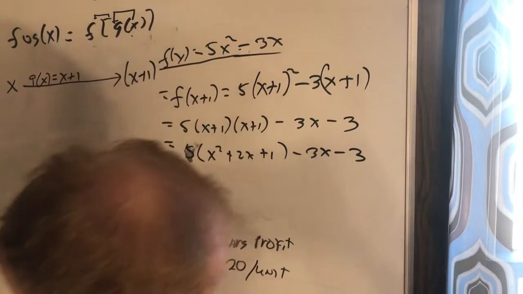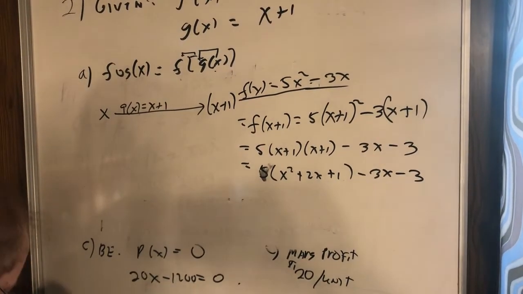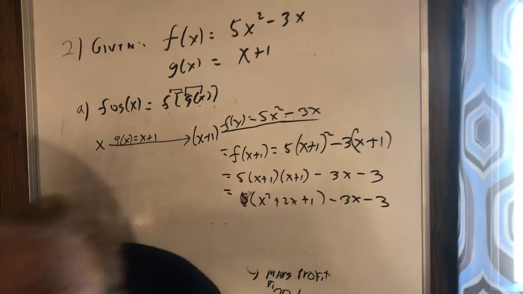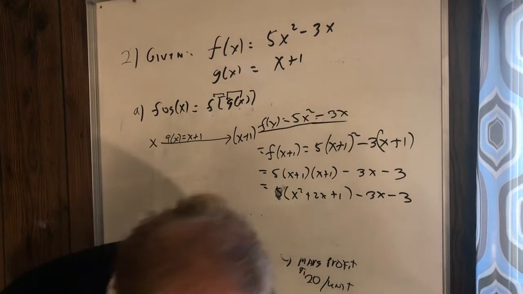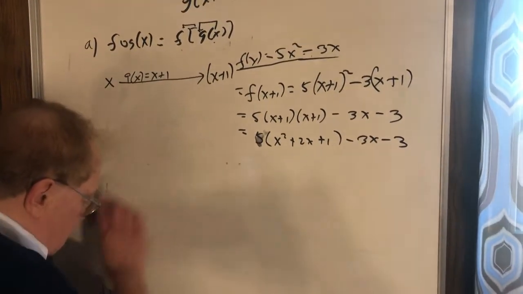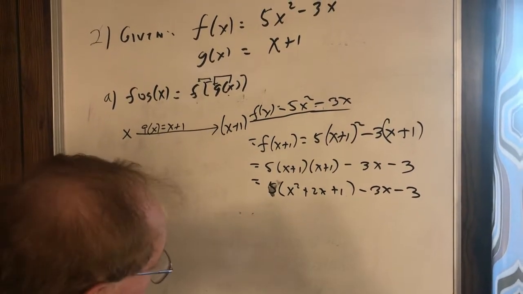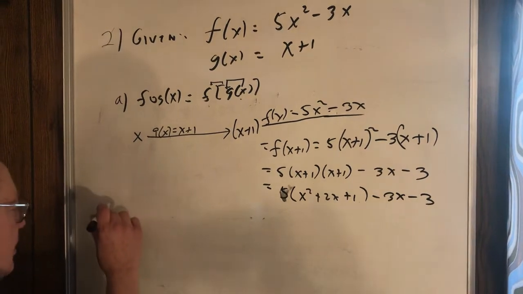I'll have you finish the rest of it. I probably won't ask that anyway. That's enough for an answer for this test. I'm not going to solve everything out completely, it would take too much time.